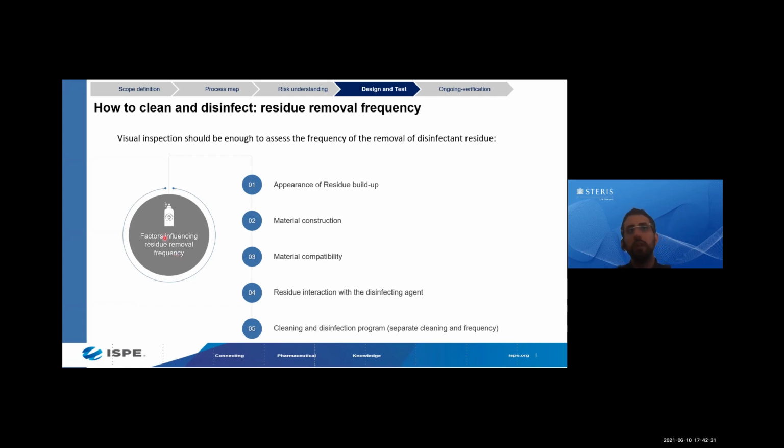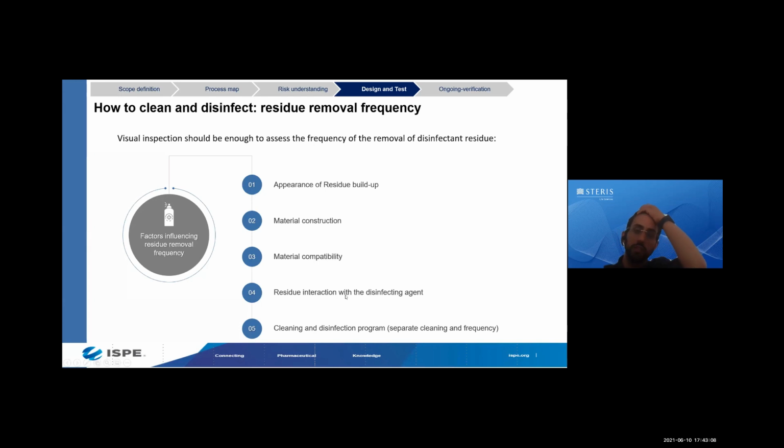So what are the parameters to look at to define your frequency of removal of disinfecting agent? The first thing is the appearance of residue, that is, when it's visually visible that the residue is there. Material of construction is also important. For transparent surfaces, residue will be visible more quickly than for stainless steel or an epoxy or a white Lexan, for example, where there would be more time before you can see the residue.